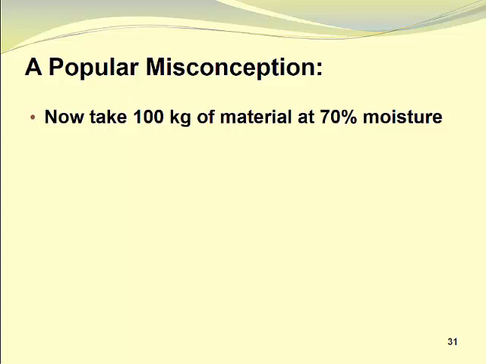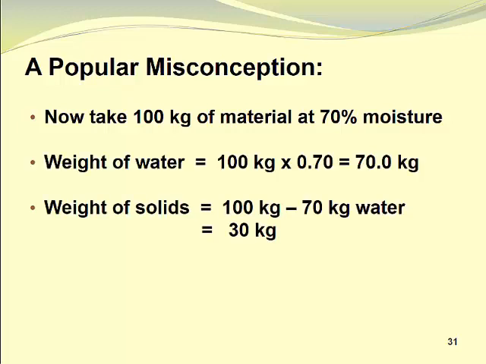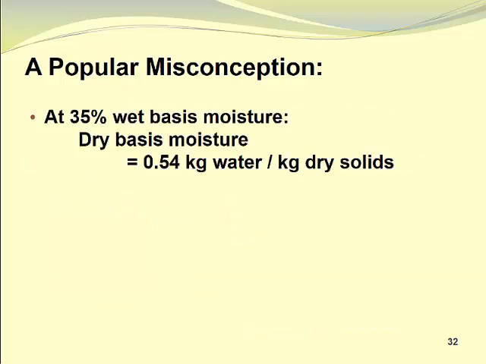Now we'll take 100 kilograms of material at 70% wet basis moisture. The weight of the water will be 70 kilograms and the weight of the solids will be 30 kilograms. This gives us a dry basis moisture of 70 kilograms of water divided by 30 kilograms of solids, or 2.33 kilograms of water per kilogram of dry solids.